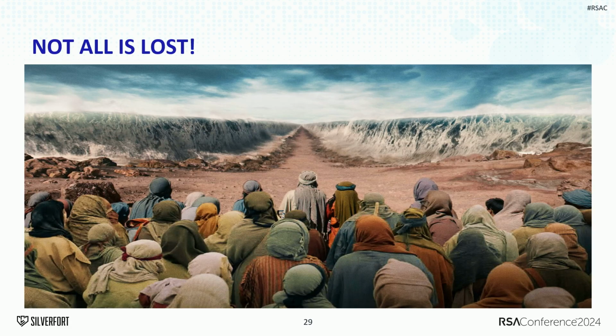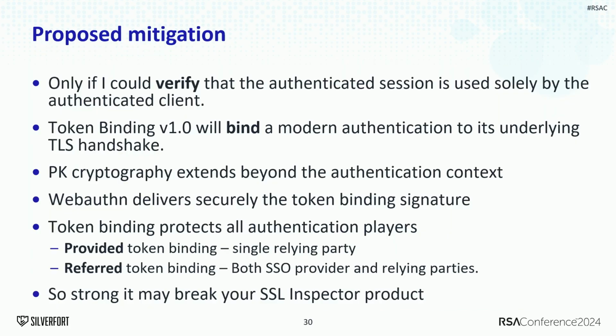But don't you worry, because not all is lost, and a suggestion is already proposed. In 2018, there was an RFC suggestion that binds the authenticated client to the entire authenticated session. Token binding 1.0 will bind the modern authentication to its underlying TLS handshake.